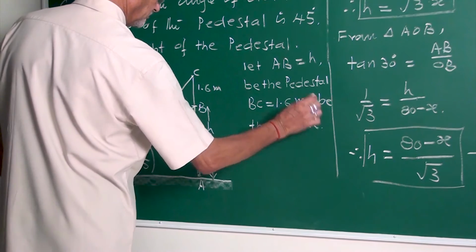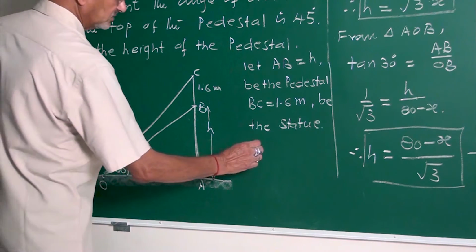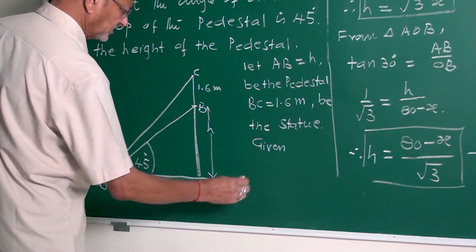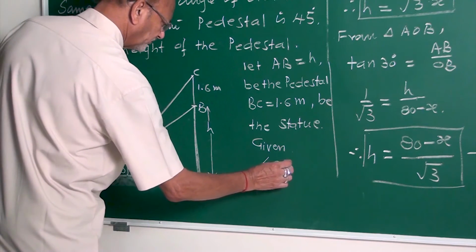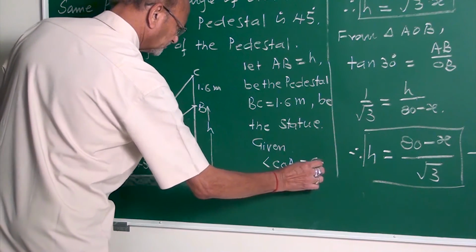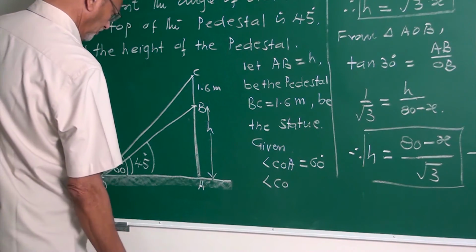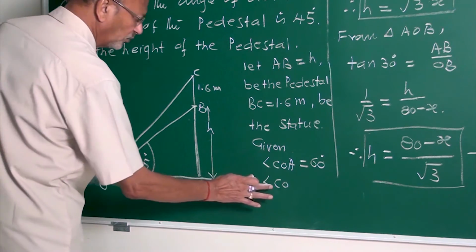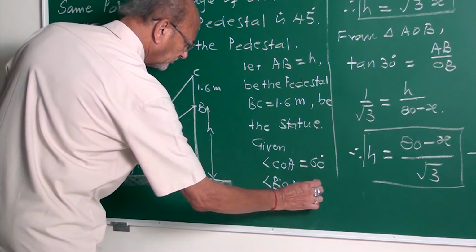Then directly write the angles of elevation given. The angles of elevation are: first, angle COA is 60 degrees, and angle BOA is 45 degrees.